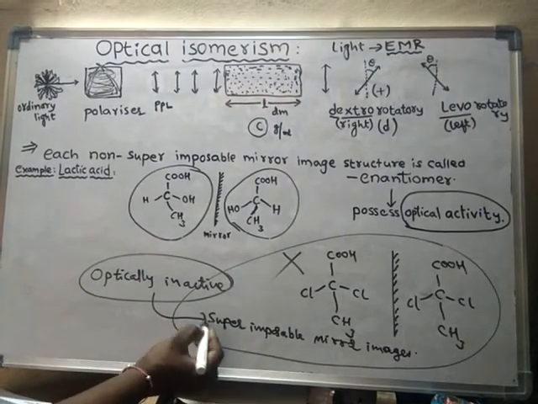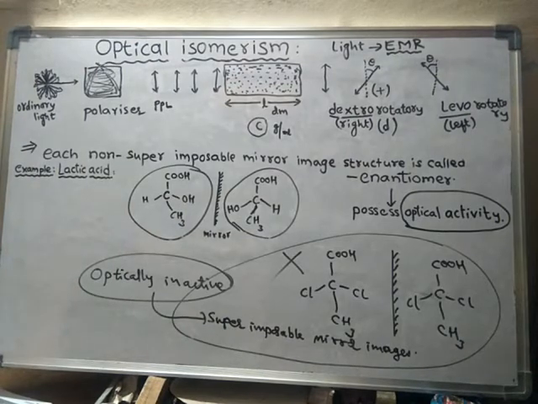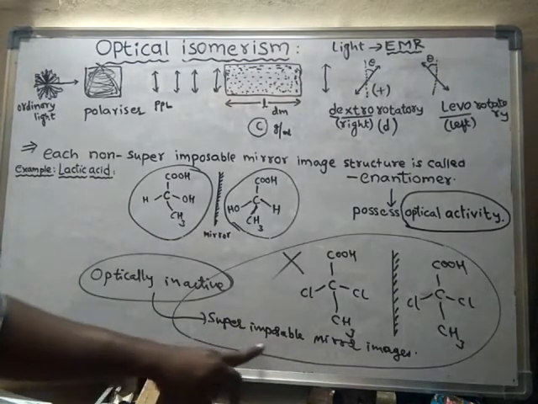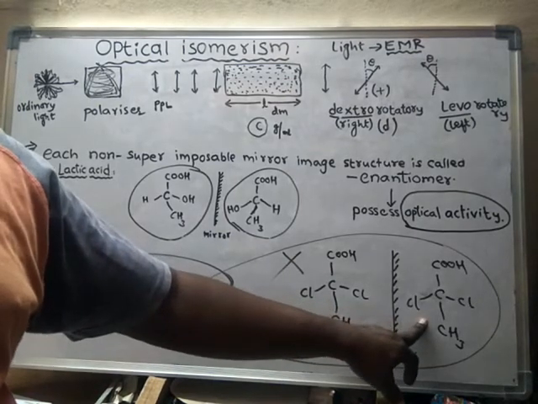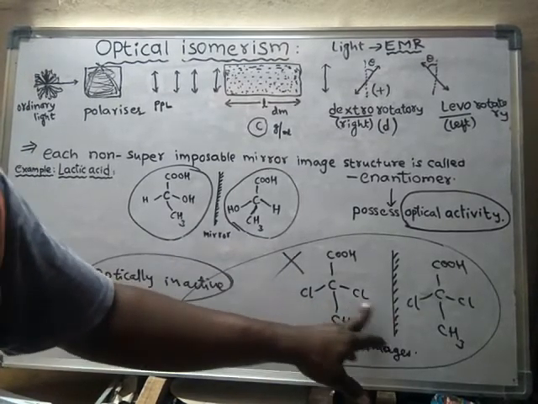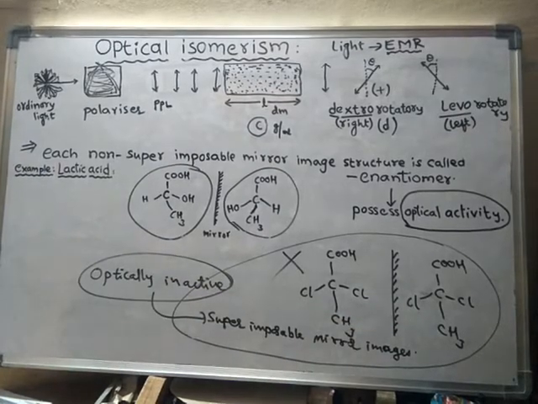When are compounds optically inactive? When the compound is superimposable on its mirror image, then those compounds are said to be optically inactive.